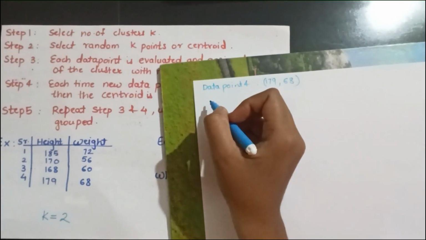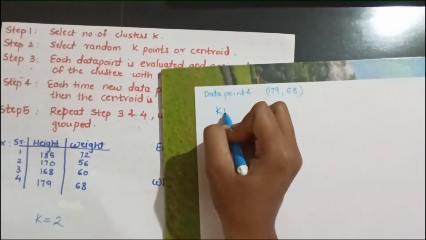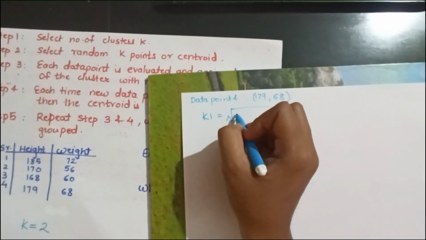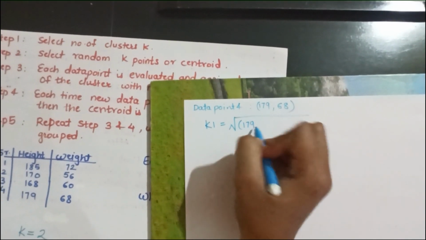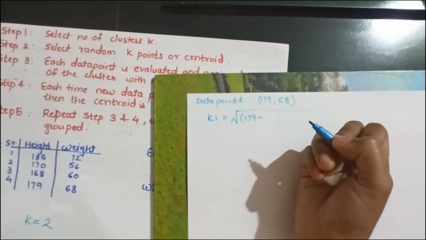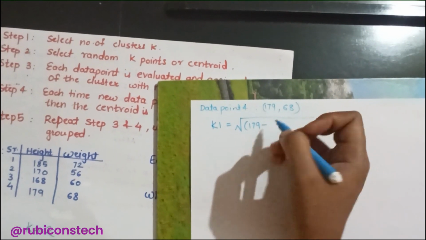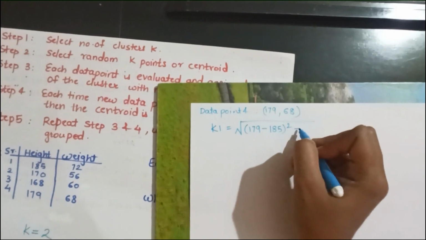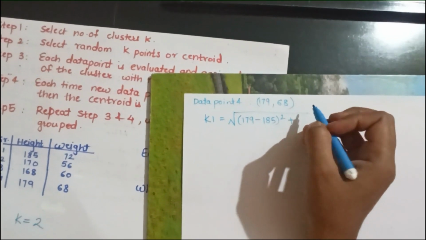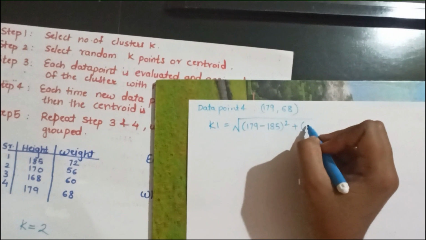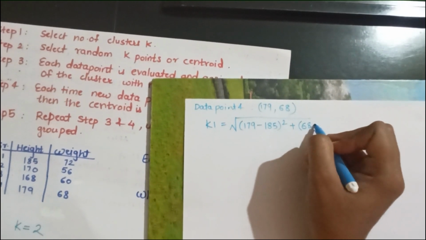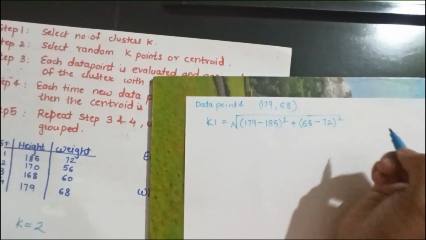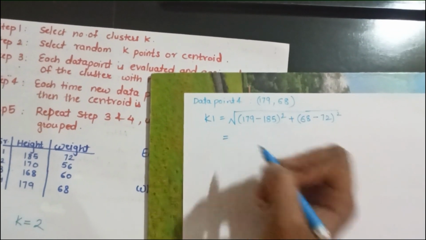Again we will follow the same steps. For cluster K1, the Euclidean distance: your observed value will be 179 minus the centroid value, that is 185, whole square, plus your observed value for weight, that is 68, minus centroid value, that is 72, whole square.